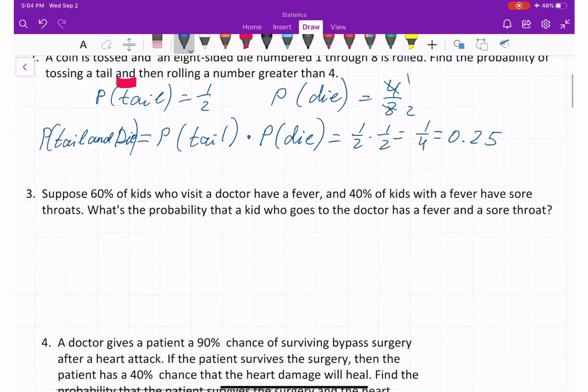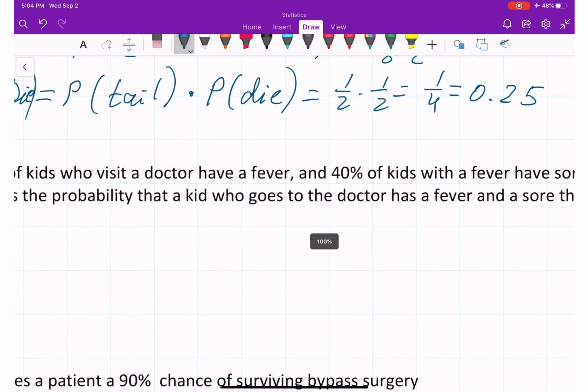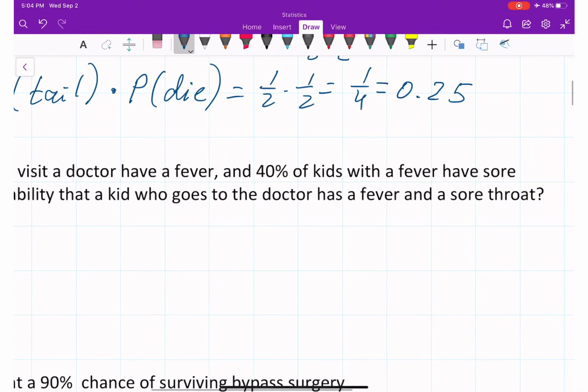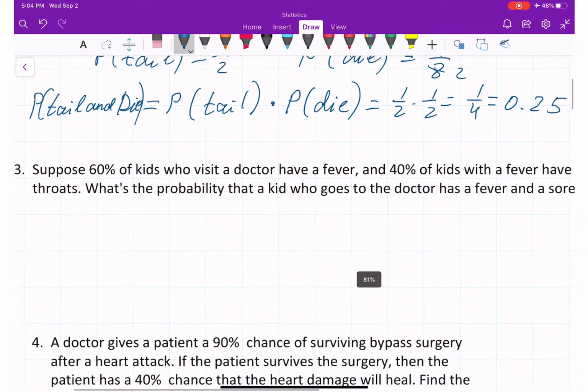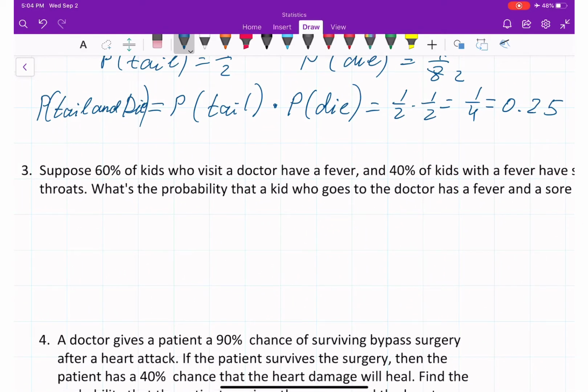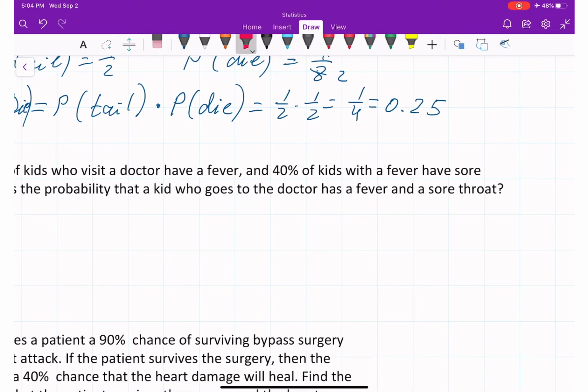Okay, next one. Suppose 60% of kids who visit a doctor have a fever, and 40% of kids with a fever have a sore throat. What's the probability that a kid who goes to the doctor has a fever and, see here, magic, and a sore throat?